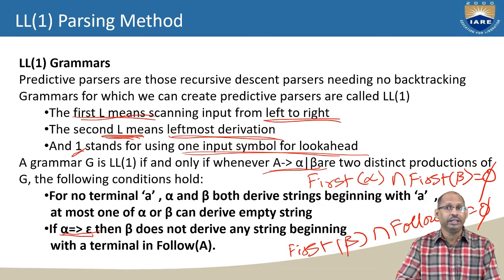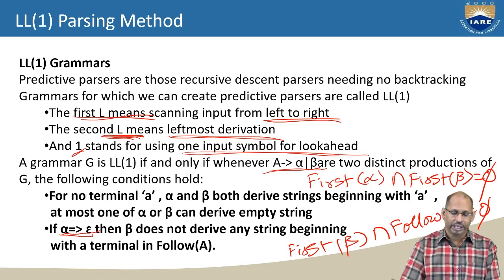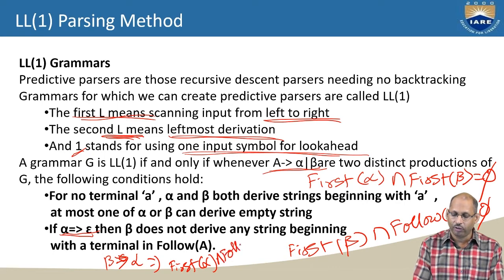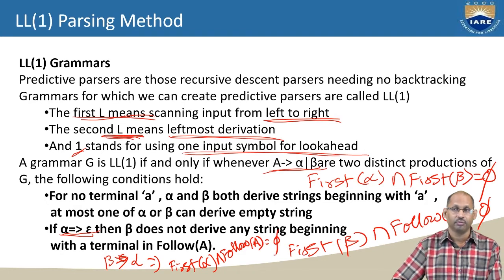Both should not derive the same terminal. For example, if beta derives epsilon, then first of alpha intersection follow of A should be phi.